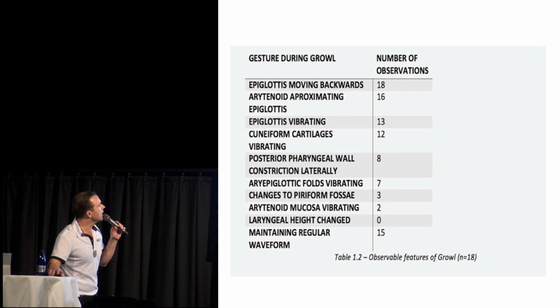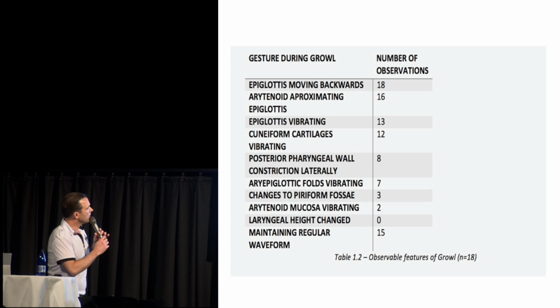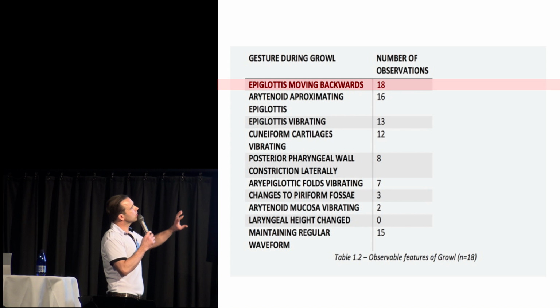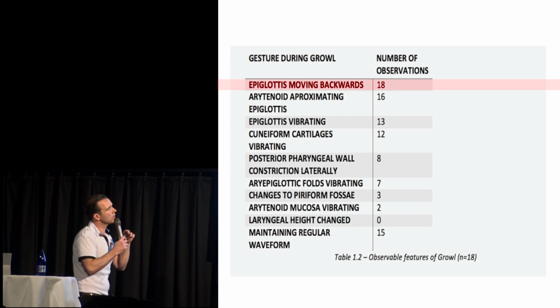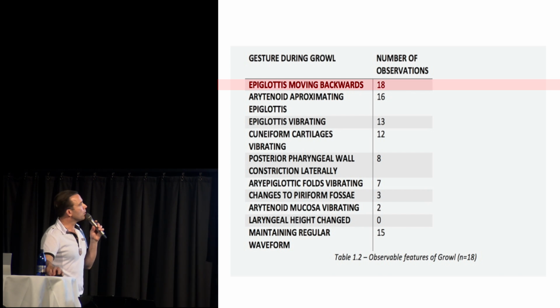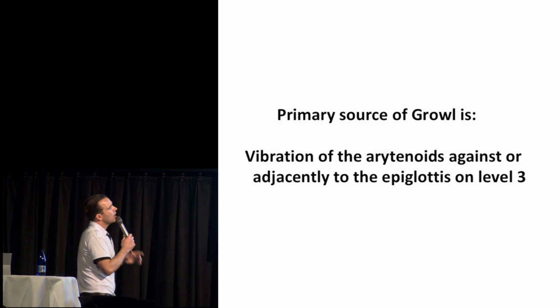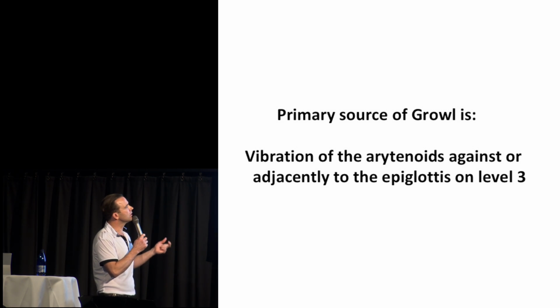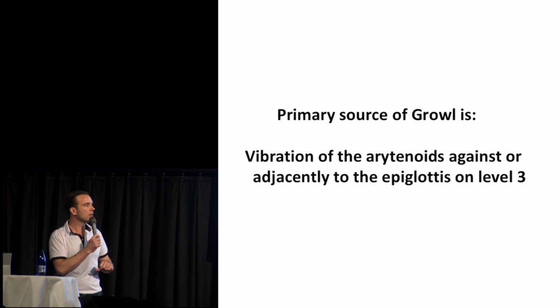So gesture-wise, part of the difficulty to see exactly what is going on visually is of course that the epiglottis is moving backwards. But we can say that the primary source of growl is the vibration of the arytenoids against or adjacently to the epiglottis on level 3.